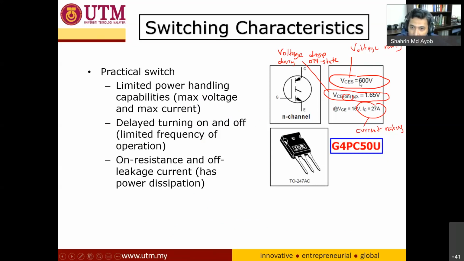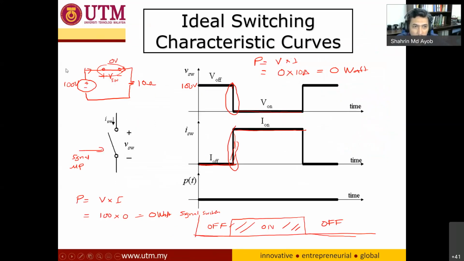And what is the VCES, 600 volt? This is the voltage rating during the off state.